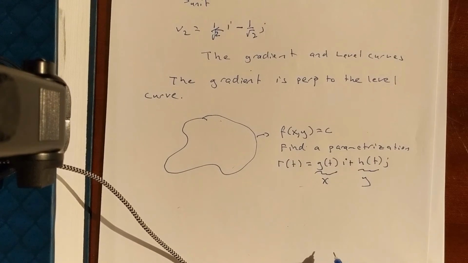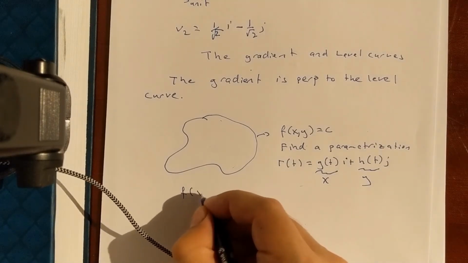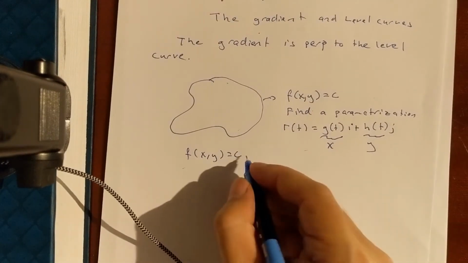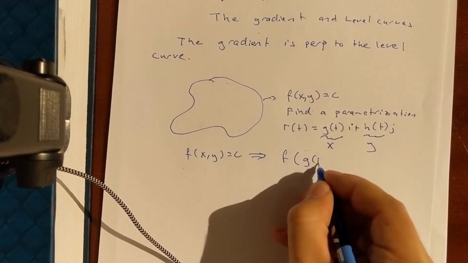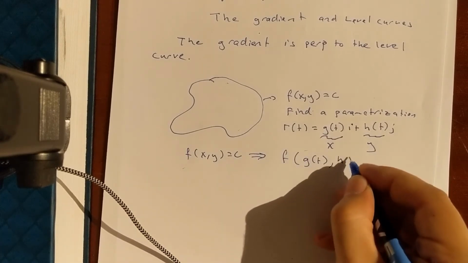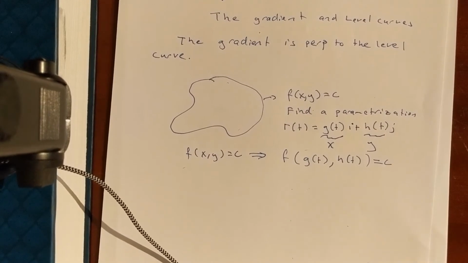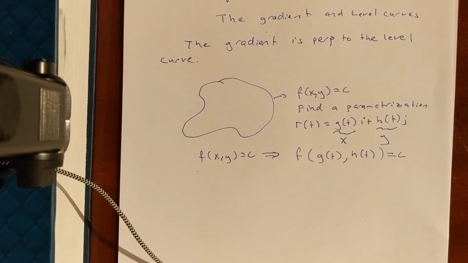Then from f of x y equals c, remember this describes a curve now, the level curve, we get f of g of t, h of t equals c. Now, let's do derivatives with respect to t.